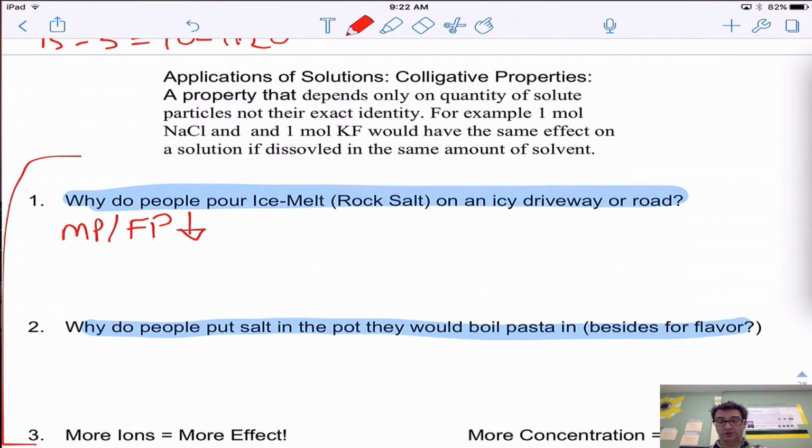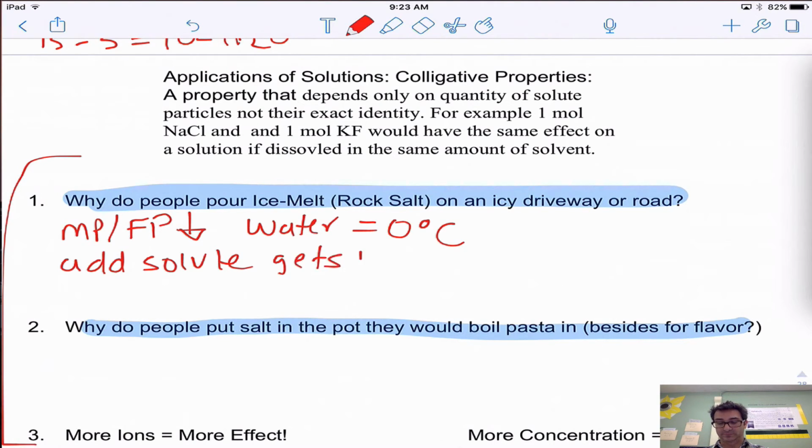For example, pure water melts at a temperature of 0 degrees Celsius. When we add some kind of solute, that freezing point or melting point will actually get lower. How much? Well, the Regents doesn't care, but the honors class does, and they want you to know that.